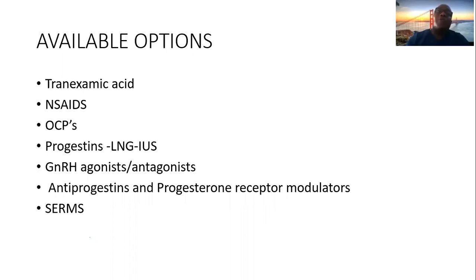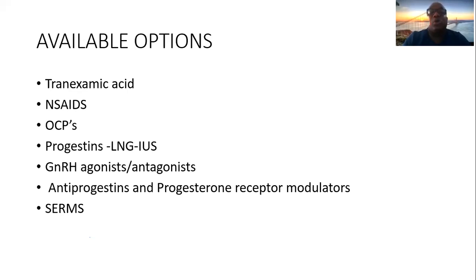So what are the options available for the management of these fibroids? Medical options. Commonly we give tranexamic acid. Tranexamic acid is given primarily to control bleeding. We have NSAIDs. These are medications like Brufen, Olfen, diclofenac. We have combined estrogen progesterone pills, OCPs.